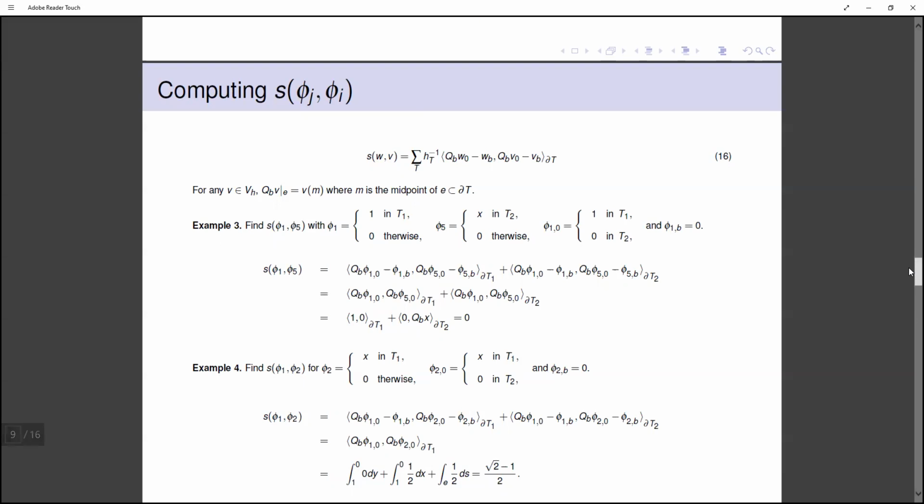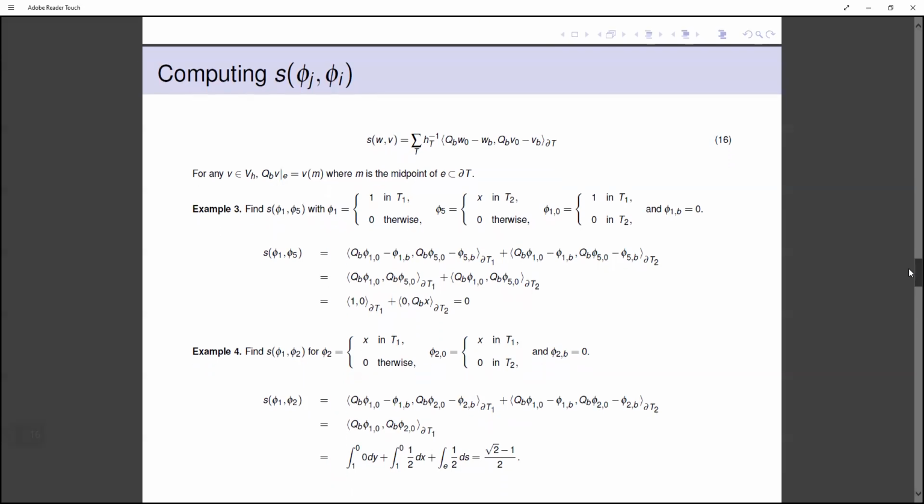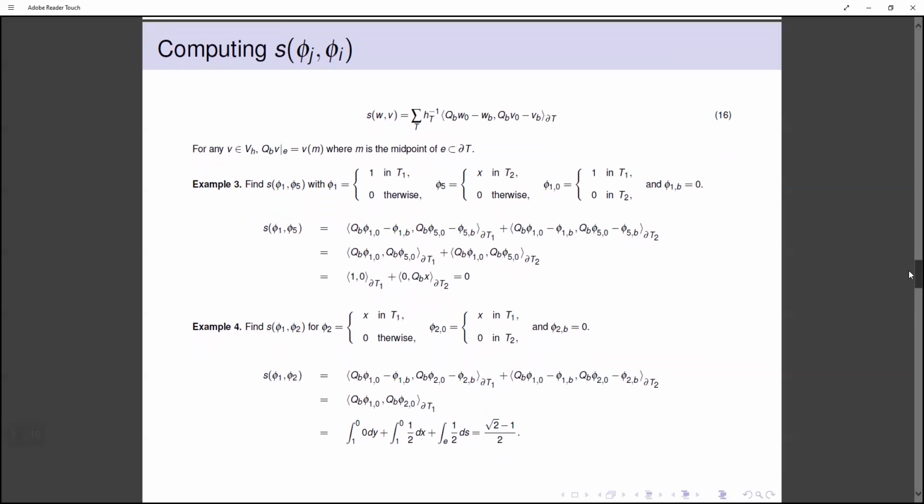Okay, second part, how do we calculate the stabilizer? The stabilizer for this case is defined in equation 16. We do need the QB here because V0 or W0 is a first order polynomial, and the WB and the VB are 0 order polynomials.